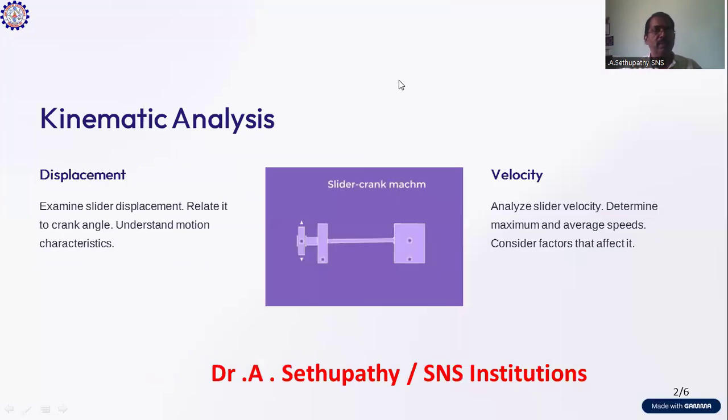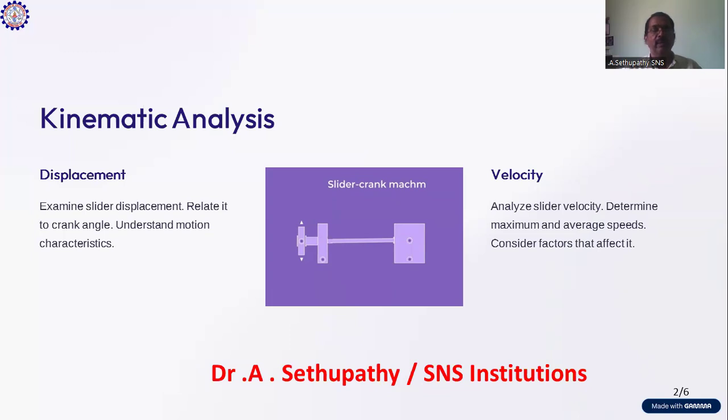The principle of this is displacement movement. The rotary movement is converted into displacement movement, and that is called kinematic analysis. What is displacement? Examine slider displacement. The slider means the piston, which is connected with one end of the connecting rod, and the other end of the connecting rod is connected with the crankshaft.